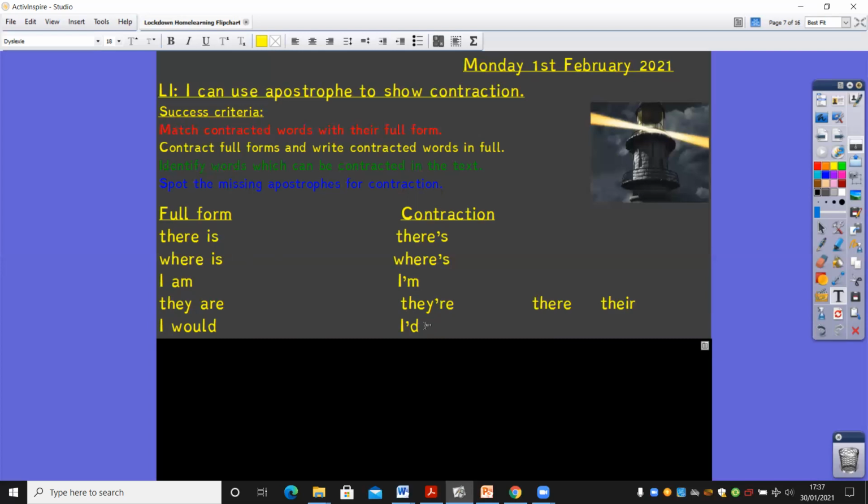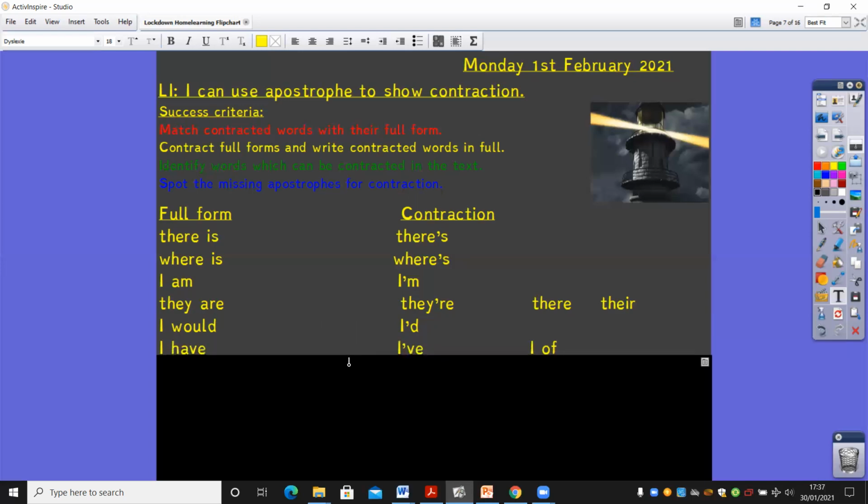That's right, 4 letters, children. W-O-U-L. All get replaced by one apostrophe. Children, if we are replacing 4 letters, do we need 4 apostrophes? No, we don't. We only need one apostrophe, which replaces all the letters.